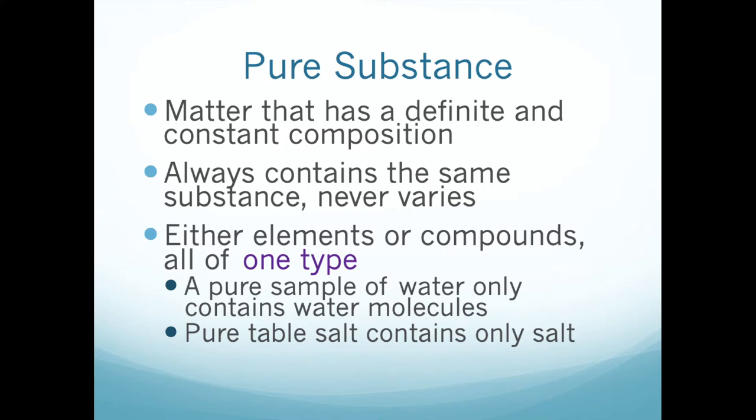Now, is that an element or a compound? We look at those repeating units, those water molecules, and we see that they're made up of more than one type of atom. You're probably familiar with the formula of water as H2O, so a water molecule has one oxygen atom and two hydrogen atoms.